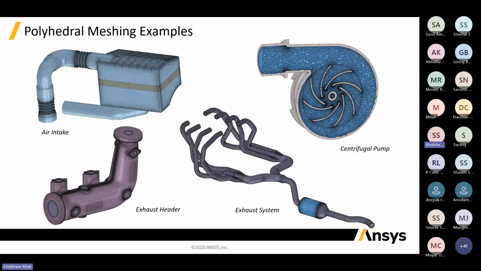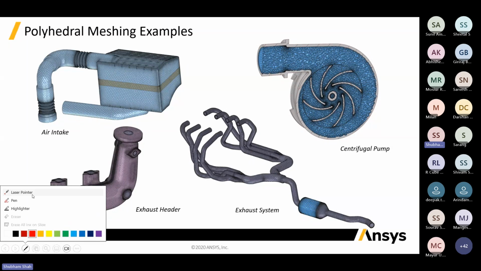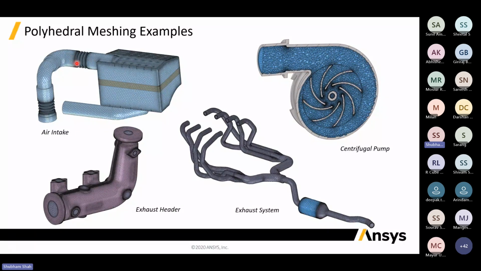We can perform the simulations with the poly mesh. We can also do local refining. If you see all these images, these are the locations which are locally refined. In these regions you can see the mesh element size is pretty small. This can be done locally, and the BOI feature is also enabled now for Discovery.